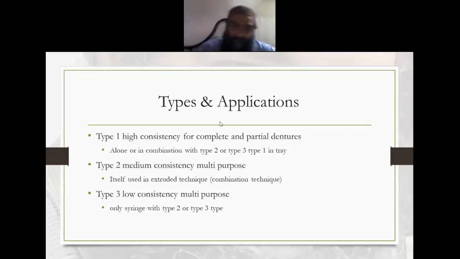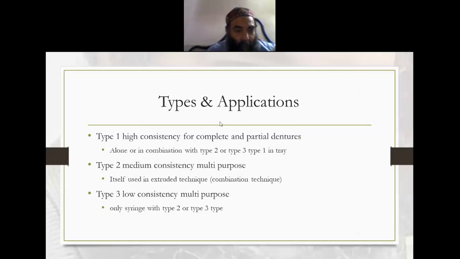Now this extruded technique or combination technique is where the type 2 impression agar material is loaded into the tray, and the type 2 material is also loaded into the syringe, and then it is syringed over the prepared tooth or teeth or the area from where we want to take the impression.